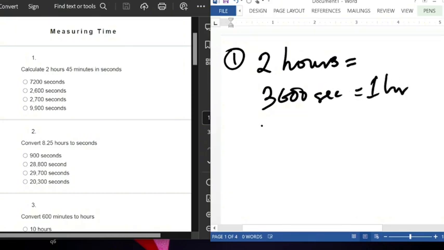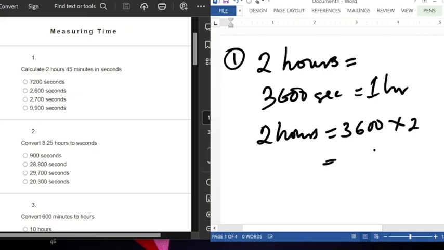So now we have 2 hours. That means 3,600 multiplied by 2, and that's going to give us 7,200 seconds. I hope that is clear.